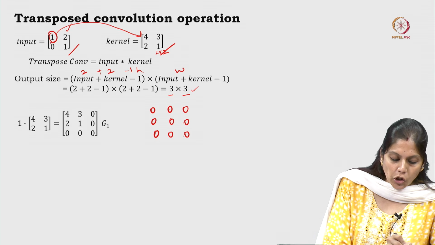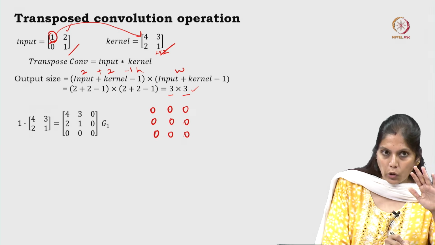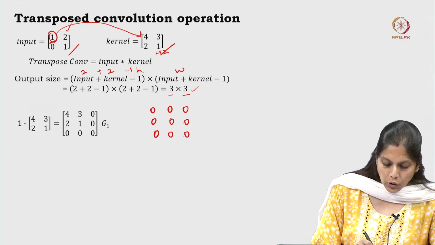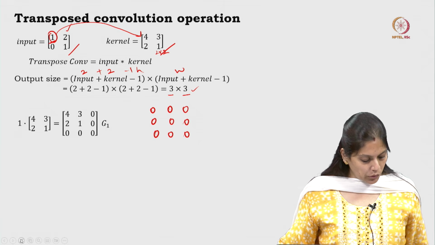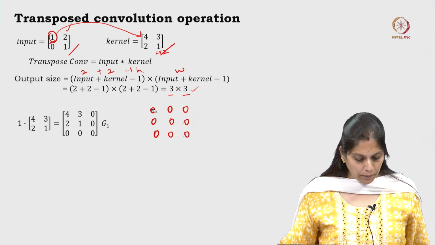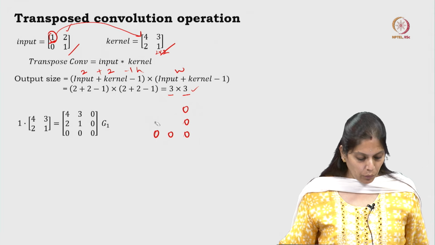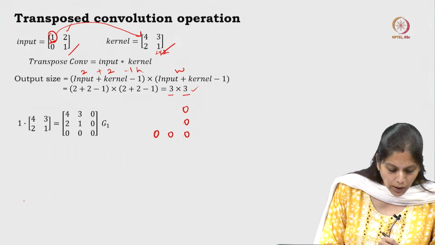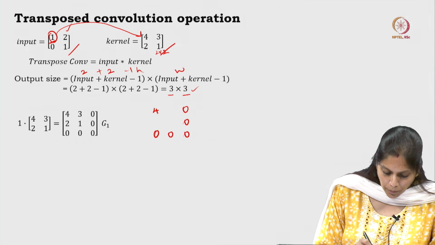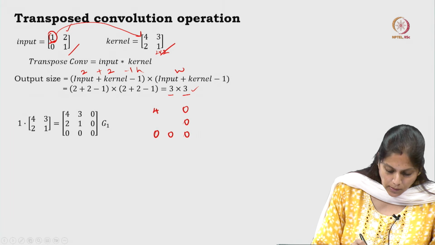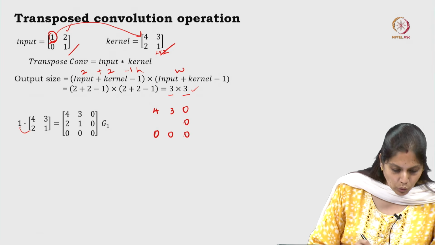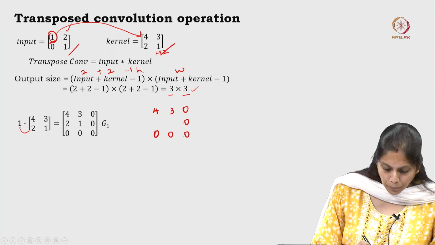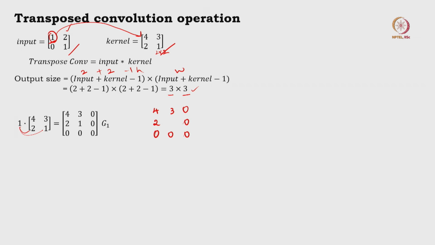Since the position of 1 is on the top left, these 4 values will be replaced: 1 into 4 is 4, 1 into 3 is 3, 1 into 2 is 2, and 1 into 1 is 1.